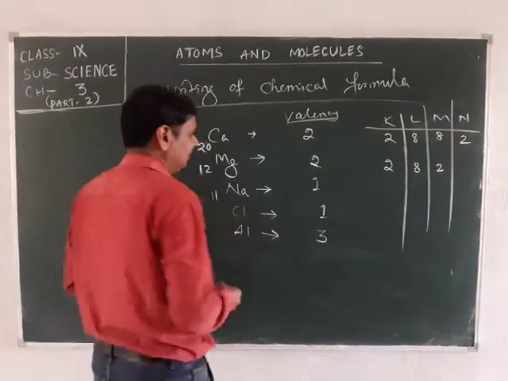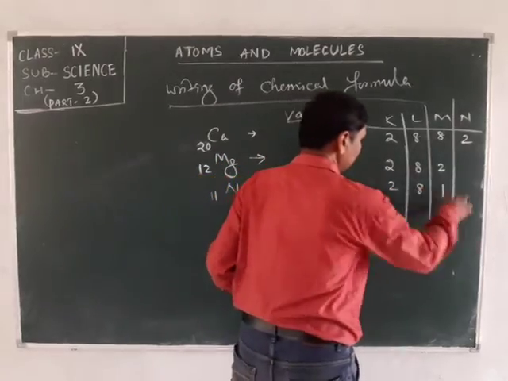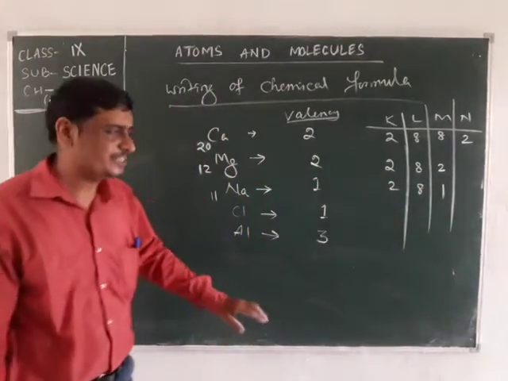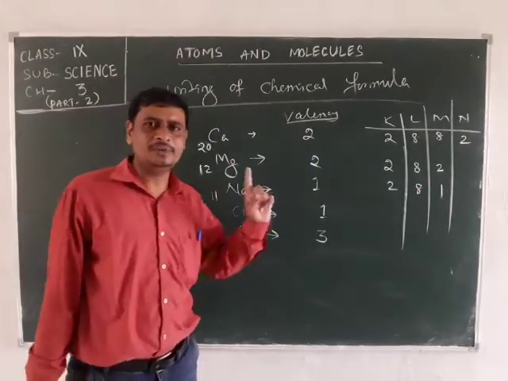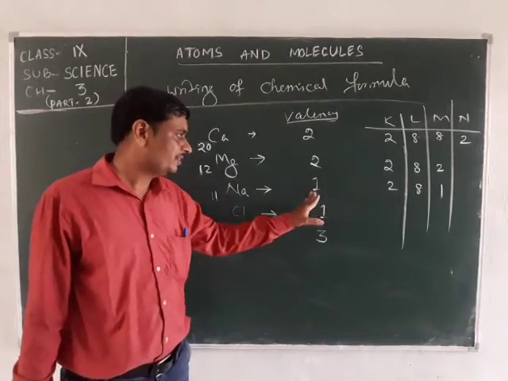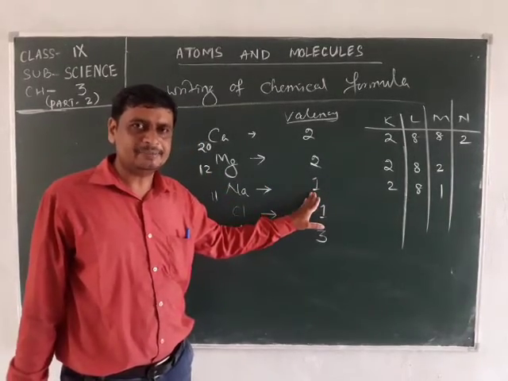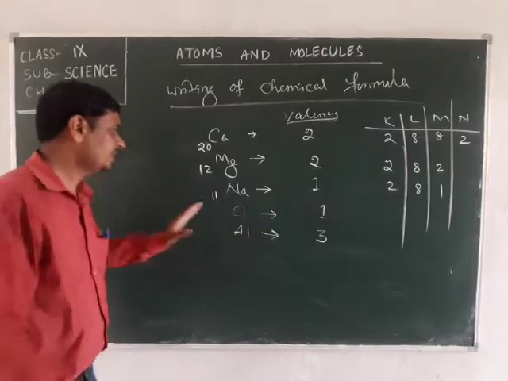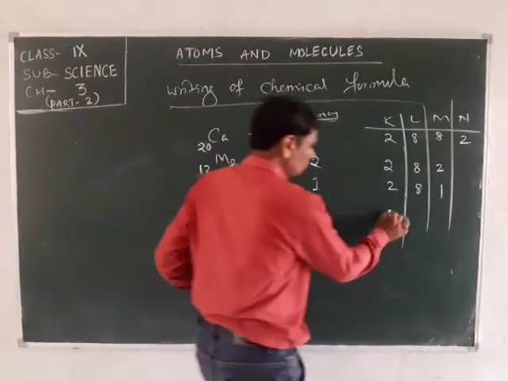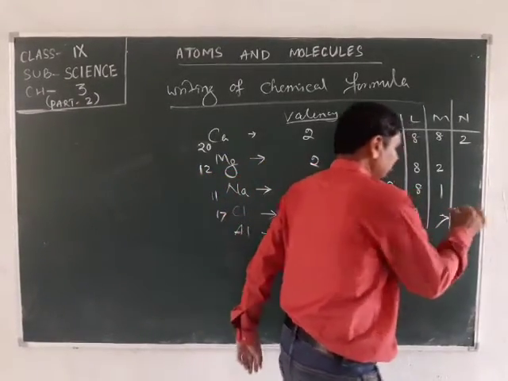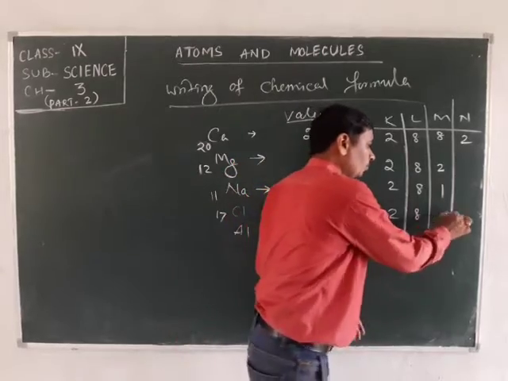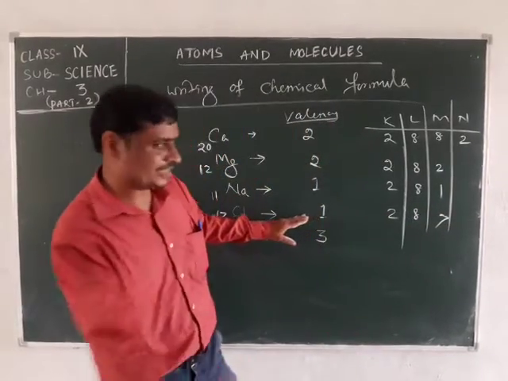Sodium 11 is 2, 8, 1. Combining capacity is 1. It can combine with only one monovalent atom, so valency is 1. Chlorine 17 is 2, 8, 7. It will combine with only one atom, so valency is 1.